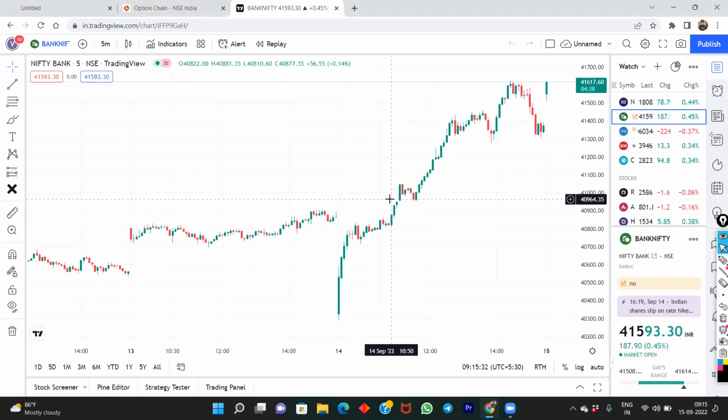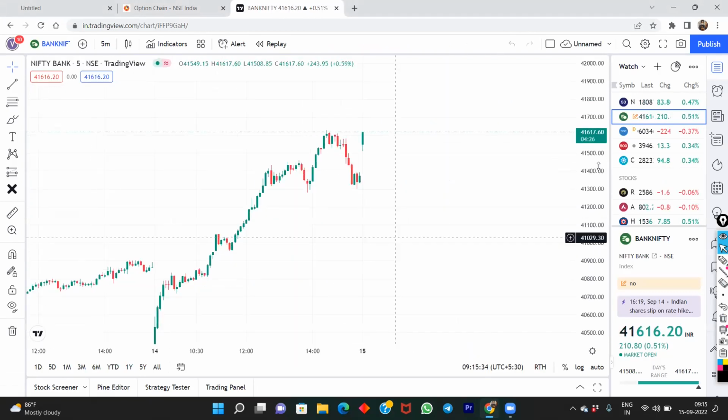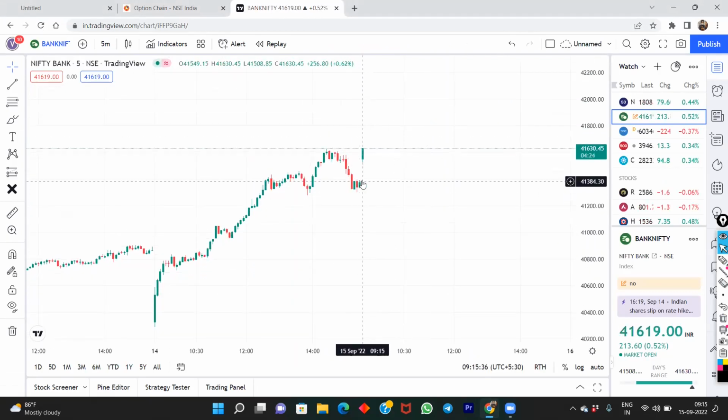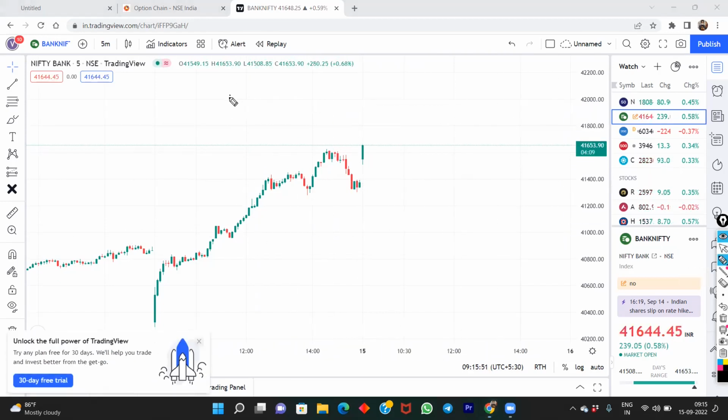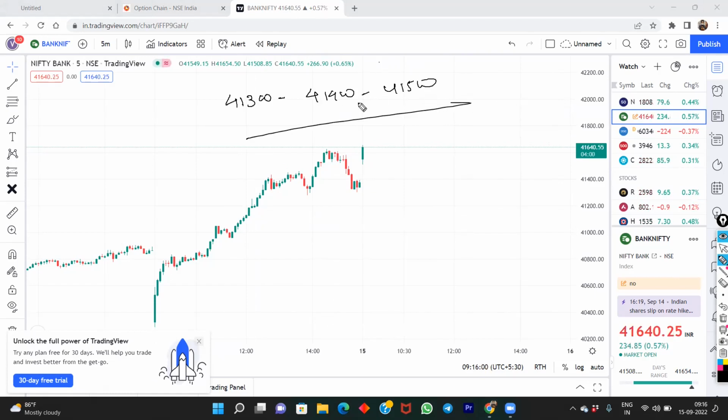From here I show the Bank Nifty opened at 41,000, Bank Nifty opened at 41,500 or something around, and it will try to go to 41,600. As I predicted for Bank Nifty, above 41,300, 41,400 and 41,500 in between. So the Bank Nifty opens in between this.